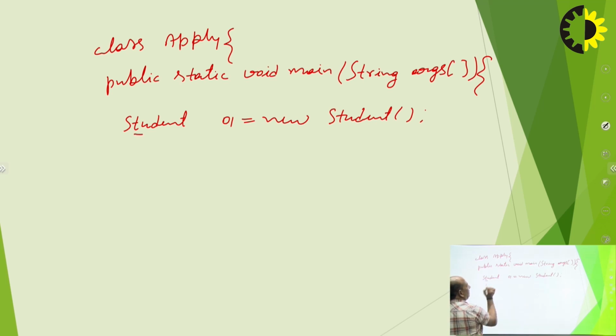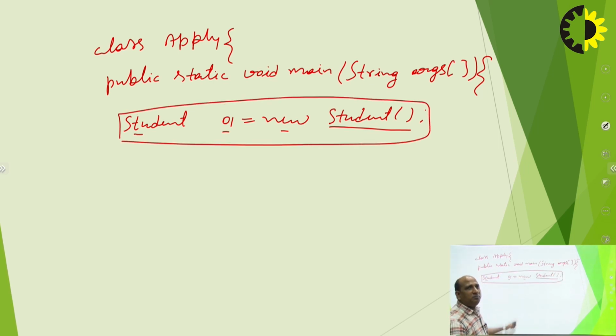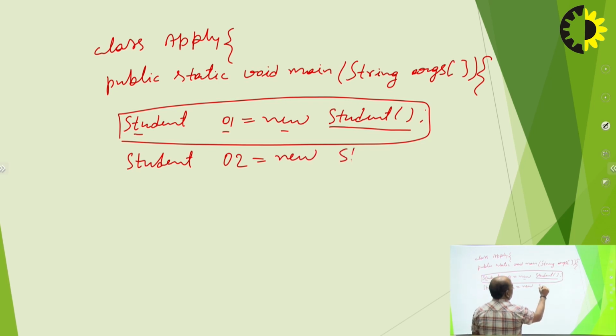So this is the name of the class, this is the object name. Now this new keyword, after that I have used the constructor of the Student class that is available by default. So this way you can create the object of that Student class. Another object, if you want to create, then also in a similar fashion you can write Student object name equals new Student constructor.